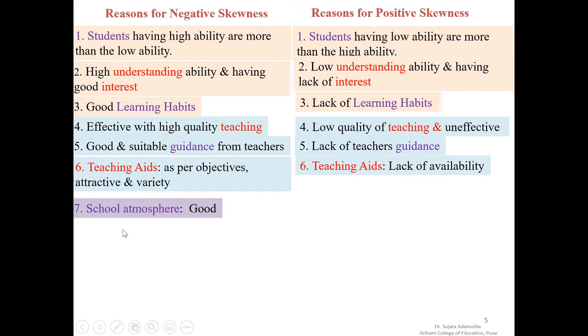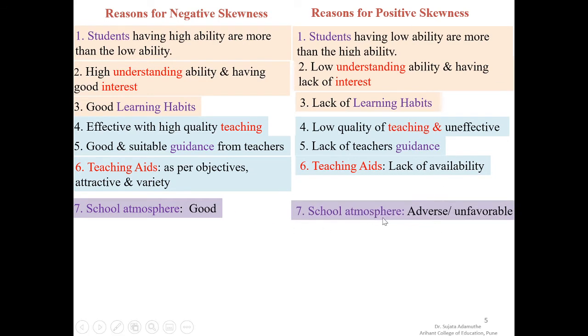In short, if the school atmosphere is very good, it will automatically affect the students' learning habits, their learning strategies will change, and so we will see the negative skewness. That means the students will get more scores in that subject or in other subjects also.